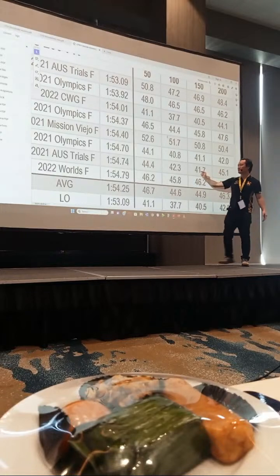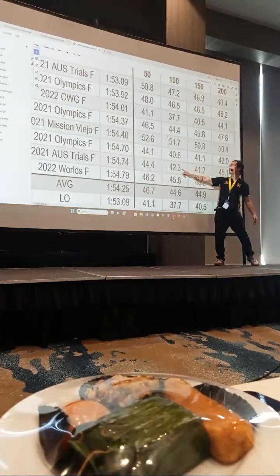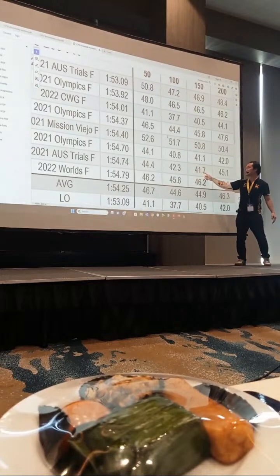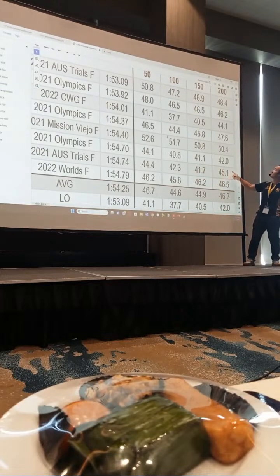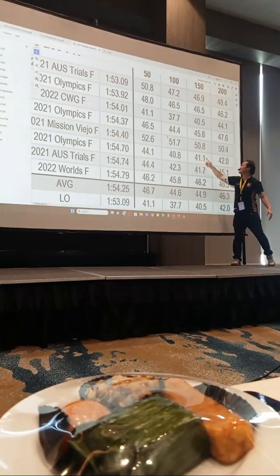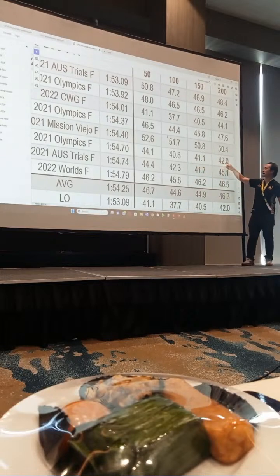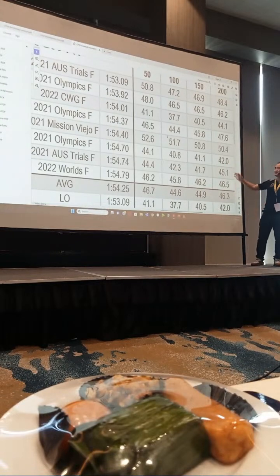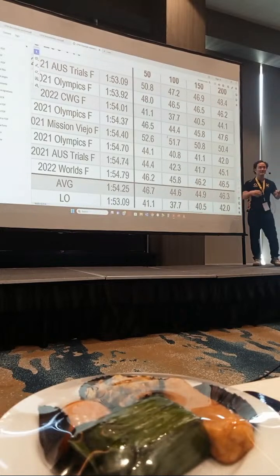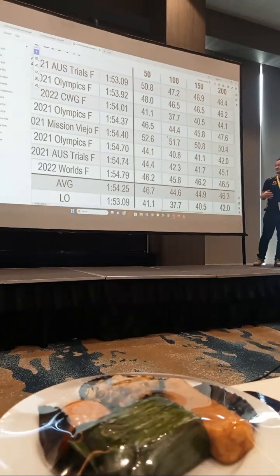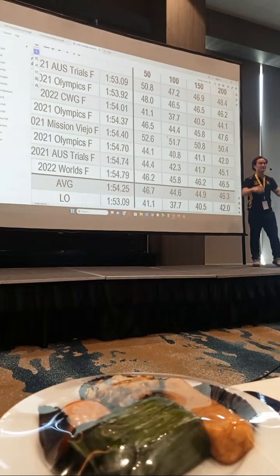So it's usually slowest on the second 50, a little bit faster on the third 50, and fastest on the fourth 50, usually. But it's different for every athlete. If you want more information, there are more details to using stroke rate to be specific to your race.